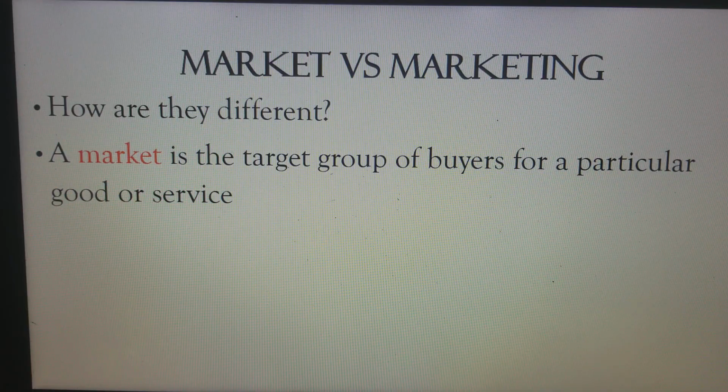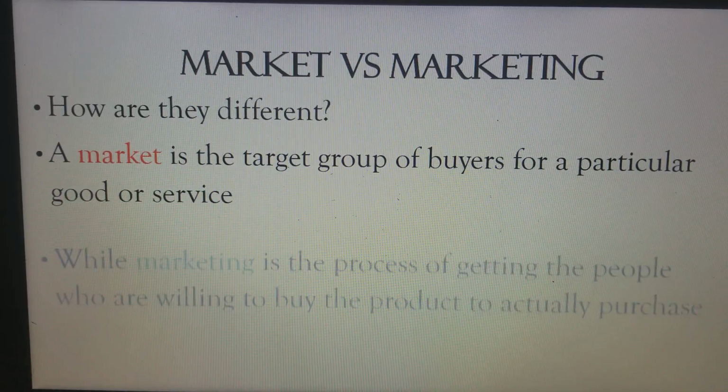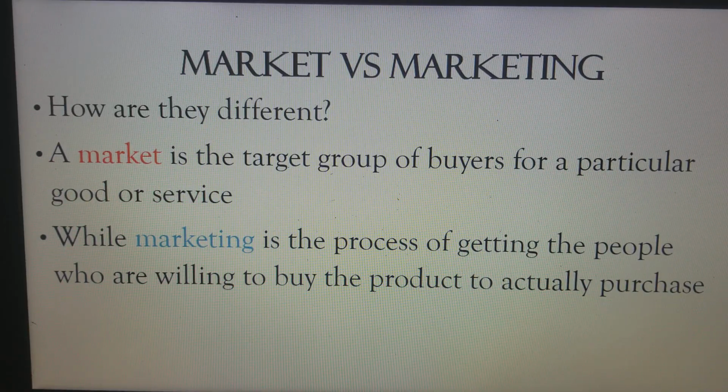So when we talk about a market, we're talking about a target group of potential buyers of a good or service, while marketing is the process of getting the potential buyers who are willing to buy the product to actually purchase it. So that's how you can look at the difference.